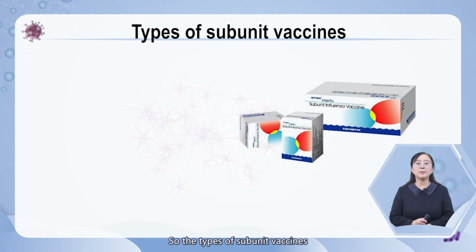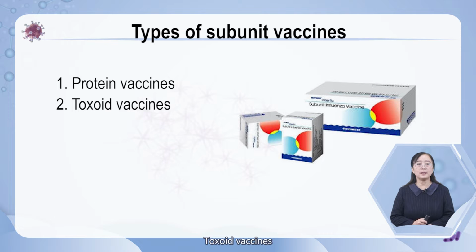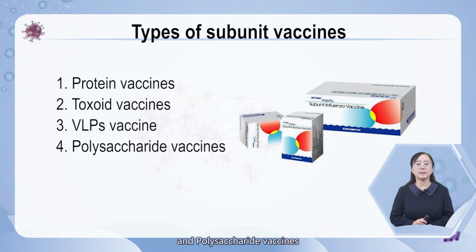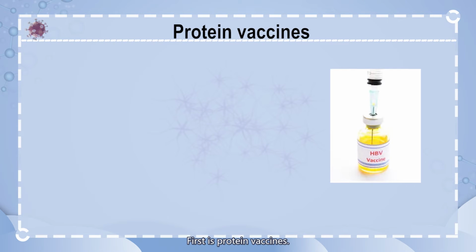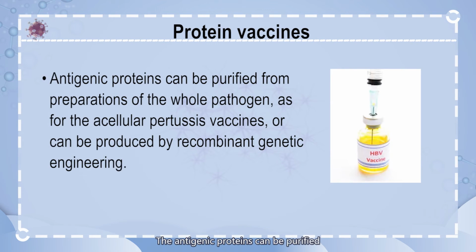So the types of subunit vaccine include protein vaccines, toxoid vaccines, VLP vaccines, and polysaccharide vaccines. First are protein vaccines. The antigenic proteins can be purified from preparations of the whole pathogen, as for the acellular pertussis vaccine, or can be produced by recombinant genetic engineering.